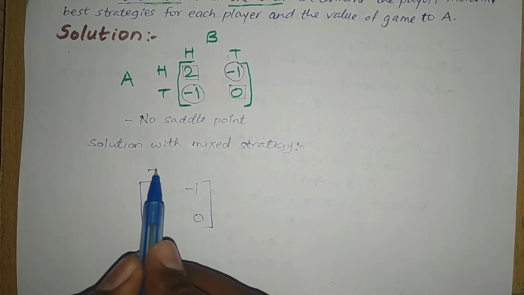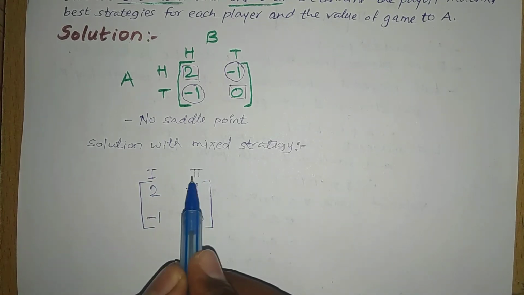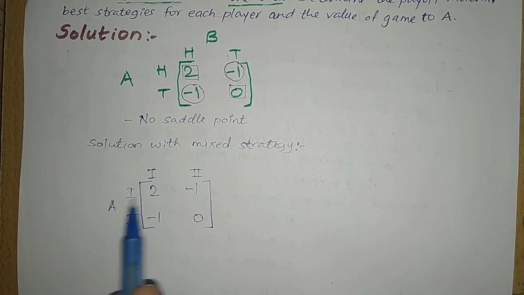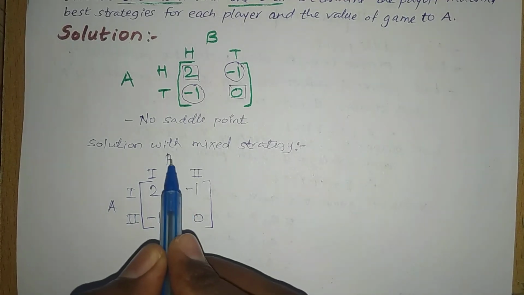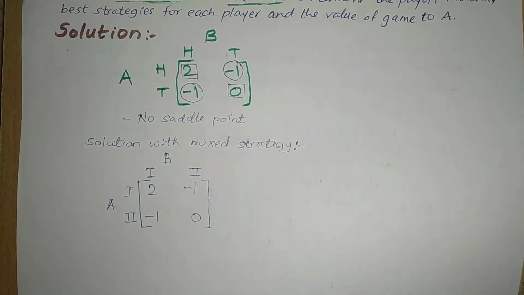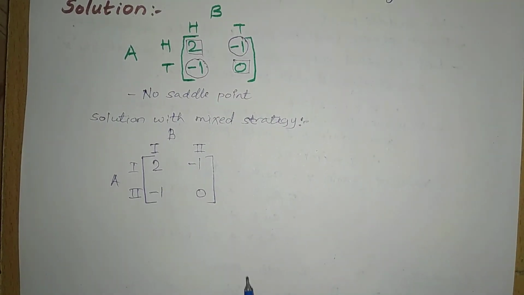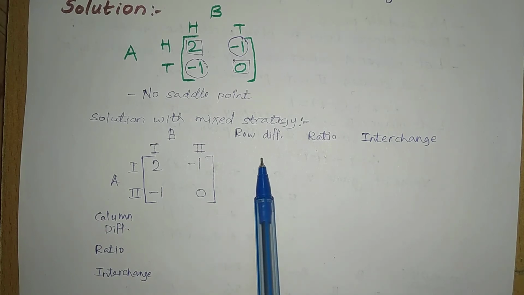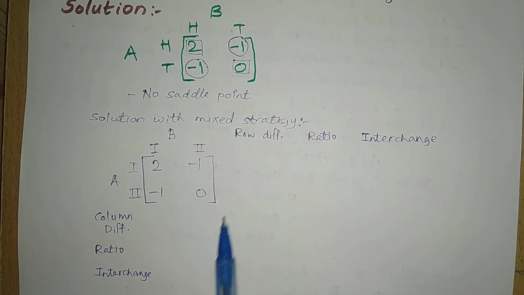Let us name the strategies 1 and 2 for each player. Now let us find the row differences and column differences. Since this game is to be played using mixed strategies, we have to determine the probabilities for each of the strategies and the outcome of the game, that is, the value of game.